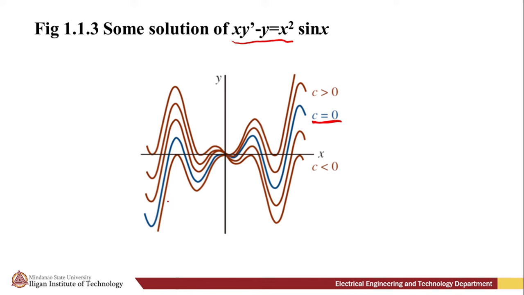Then if we are given an initial value to begin with, so that we can find the value of our arbitrary constant, for example c equals 0, we just choose this blue line from the families of solutions. This blue line is the particular solution from the initial value given to us. The initial value problem we'll discuss further in the next video. So this is the comparison between families of solutions and a particular solution.